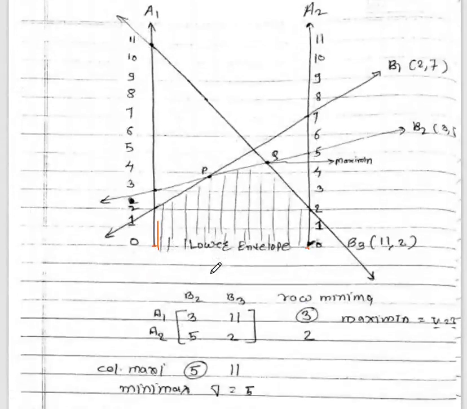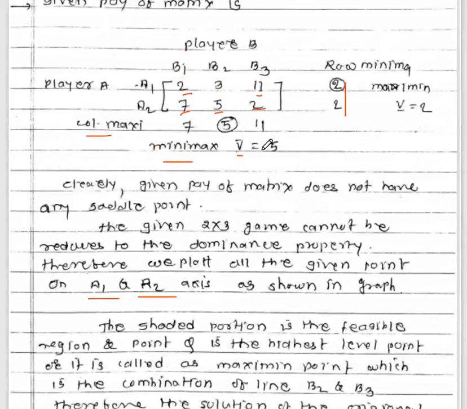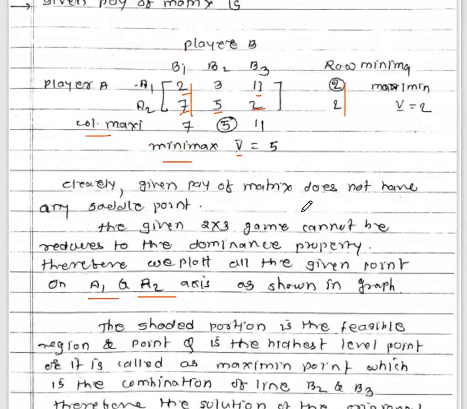So where is 2 on the a1 axis? This is 2, and this is 7. Then join this line, and this line is b1, that is 2, 7.